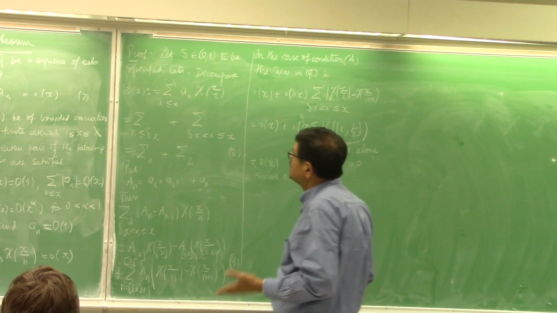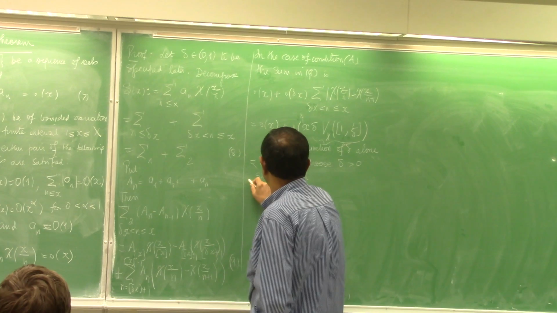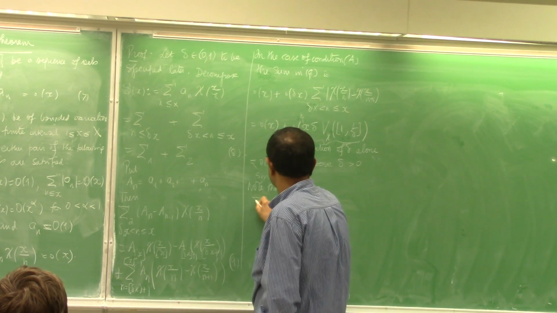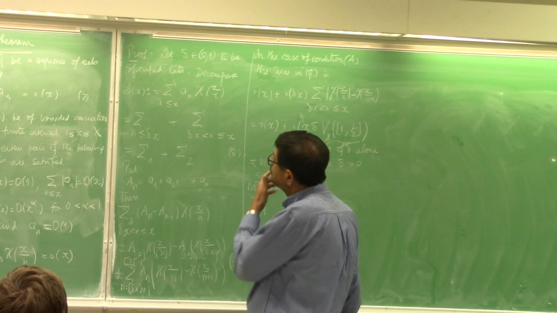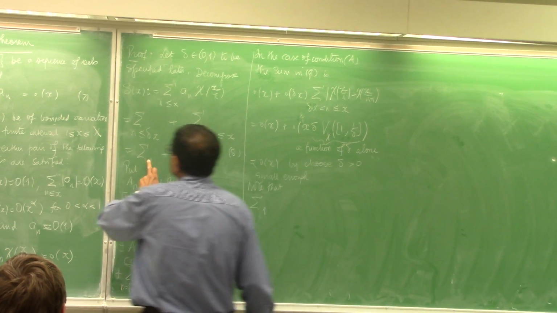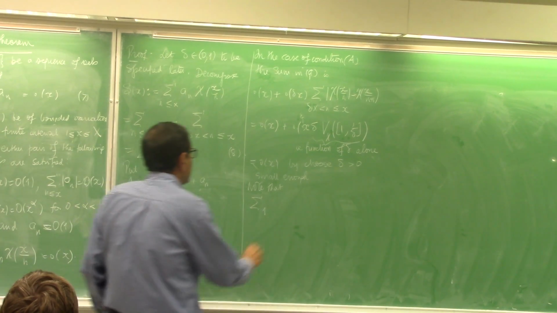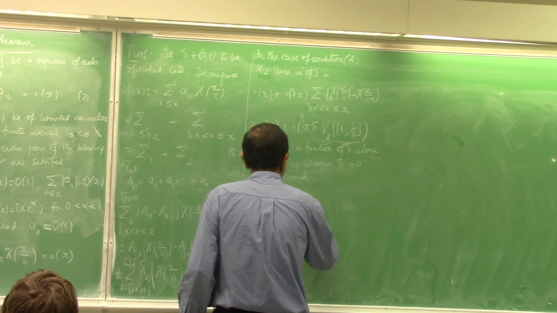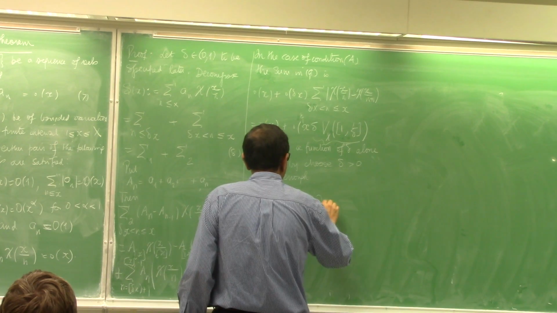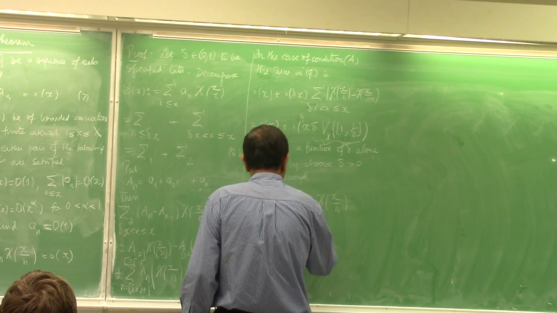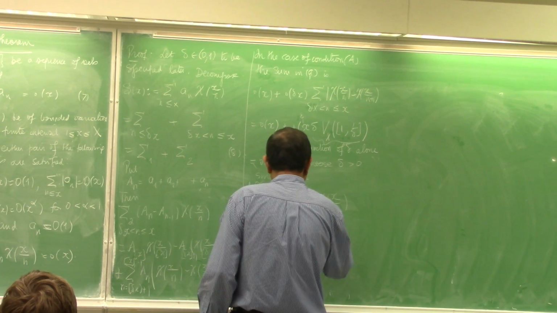But what about the first side? Note that sigma 1 is simply the summation of a n chi of x over n, over n less than or equal to delta x.